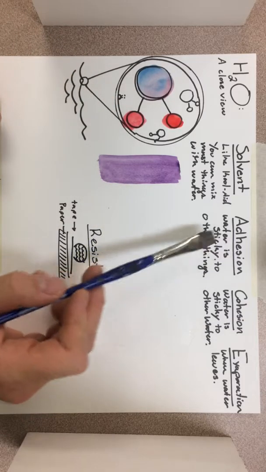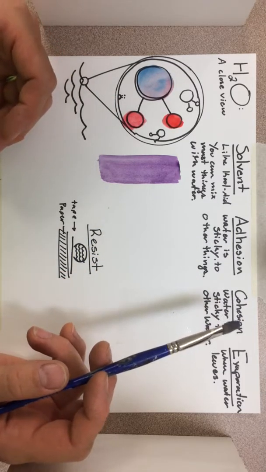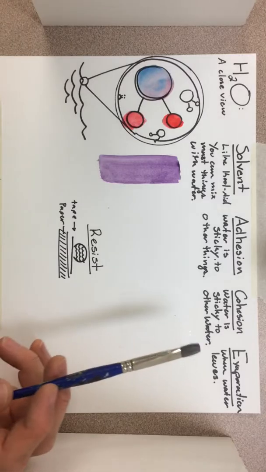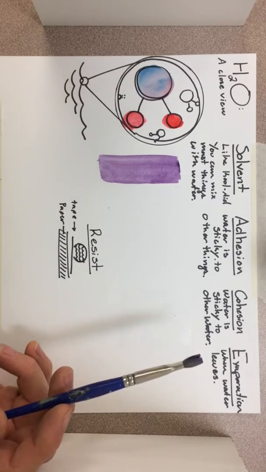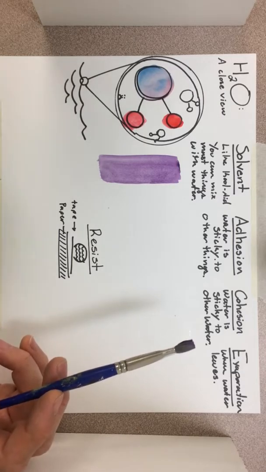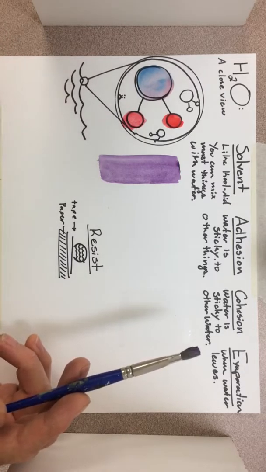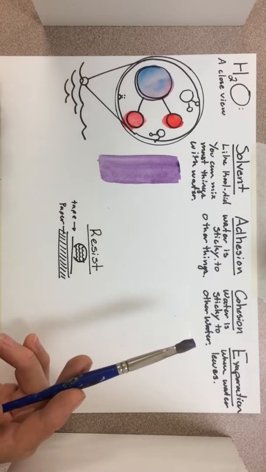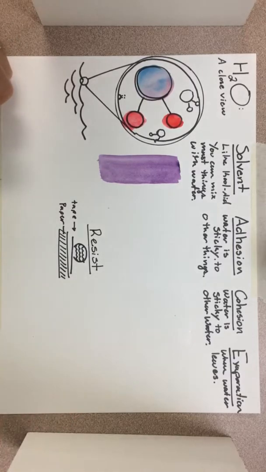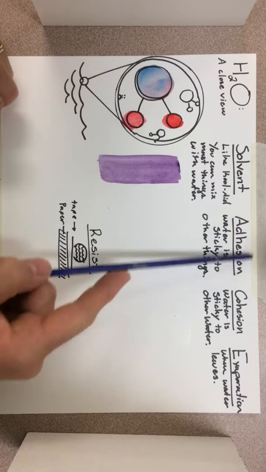Now water is also sticky. Like when you take your hand and put it in a lake, it gets wet. You may say to yourself, well, this is not all that interesting, Mr. Granlund, I know that when I put my hand in water, it's going to get wet. But when we do that, it actually tells us something about water. This is called adhesion.